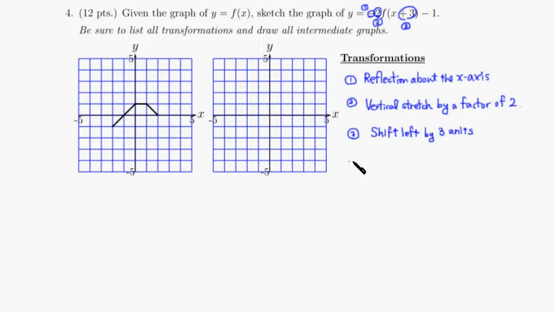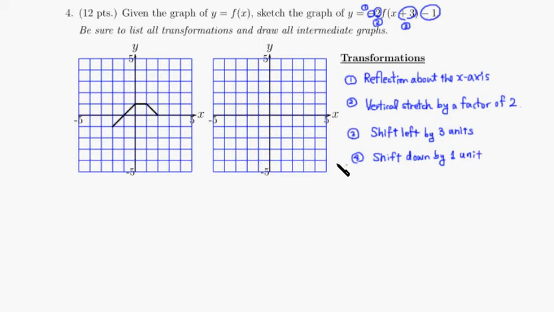The last transformation, subtracting 1 at the end, is the fourth one. It's going to shift down by 1 unit.